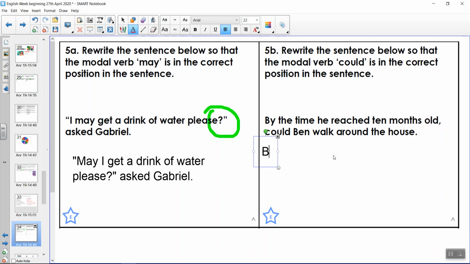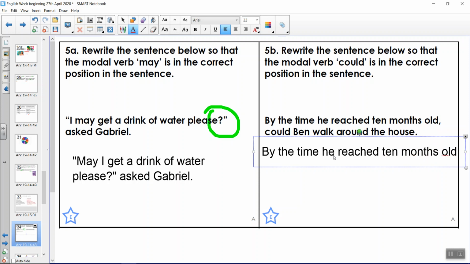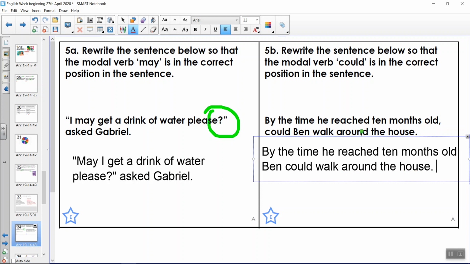Let's try it. By the time he reached 10 months old, Ben could walk around the house. And actually, I'm looking now, could walk. The modal verb and the verb are together. That makes sense.